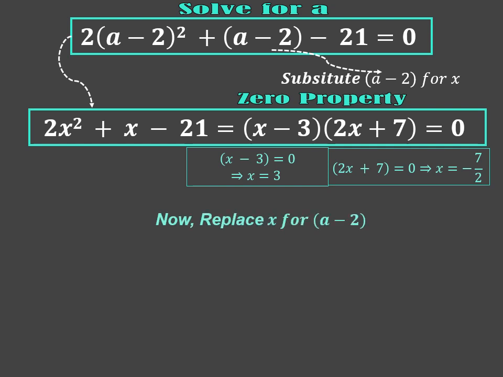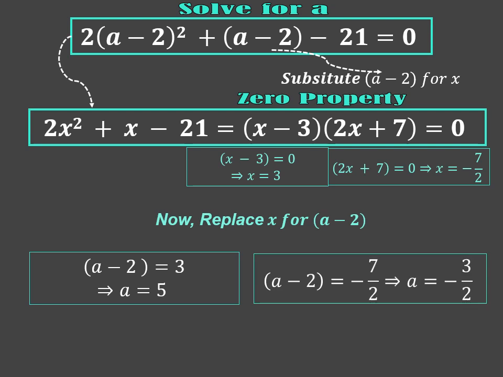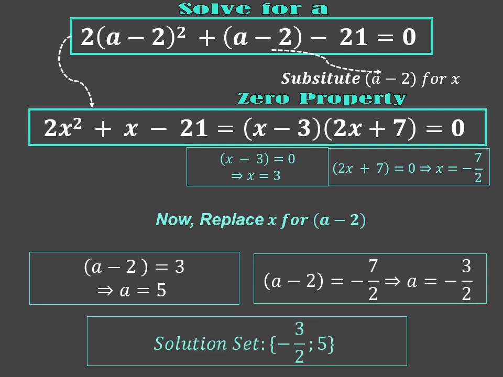Now we're going to replace x with a minus 2. Therefore, the solution is negative 3 over 2 and 5. Keep in mind we're solving for a.